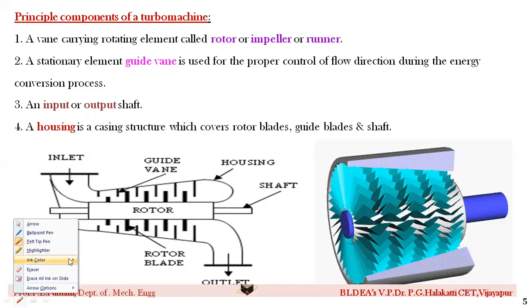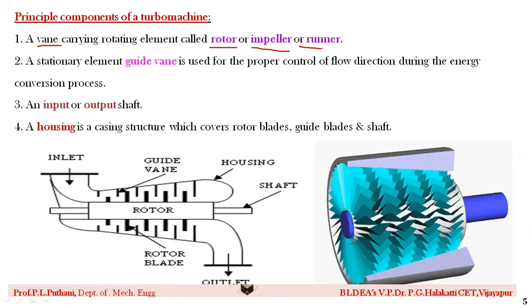The first part is the vane, a vane which is carrying a rotating element. If there is any rotating element or a blade with a rotating element, we call it by three different names. Already we have discussed it. It may be a rotor, impeller, or a runner.